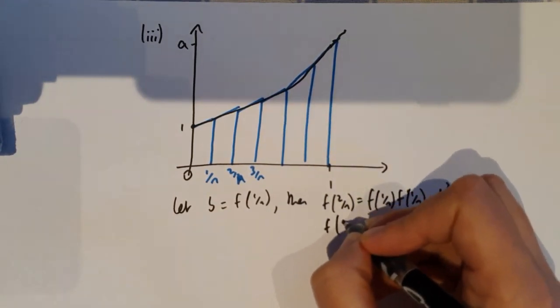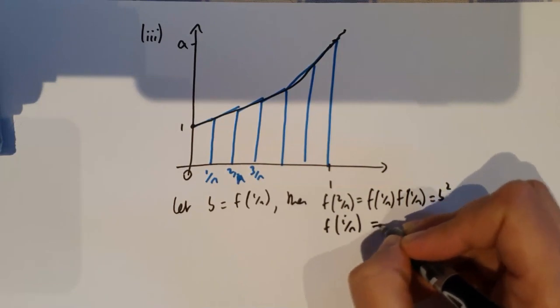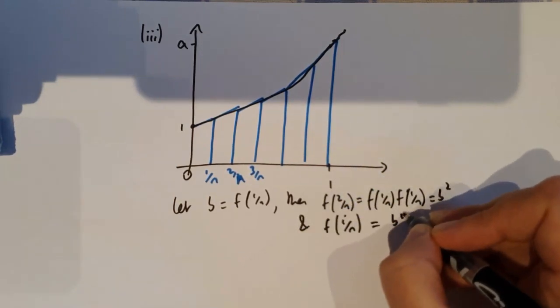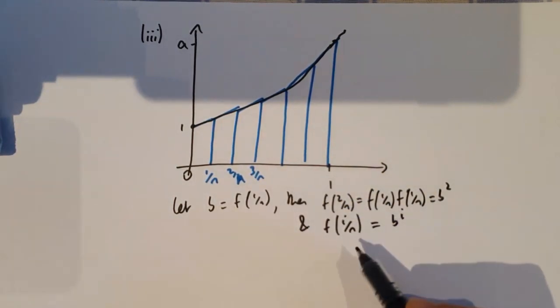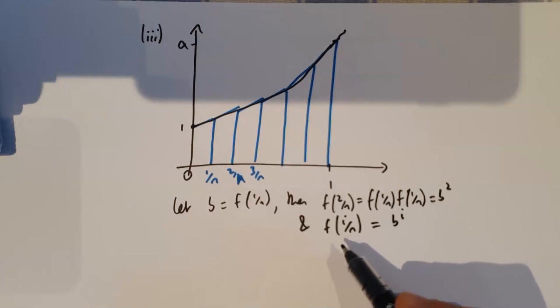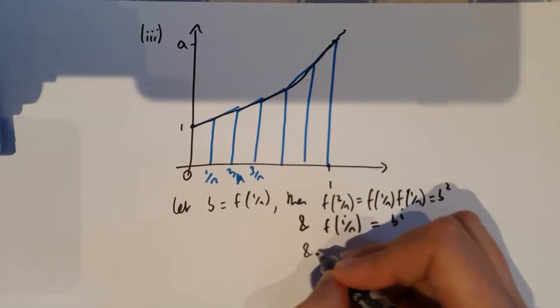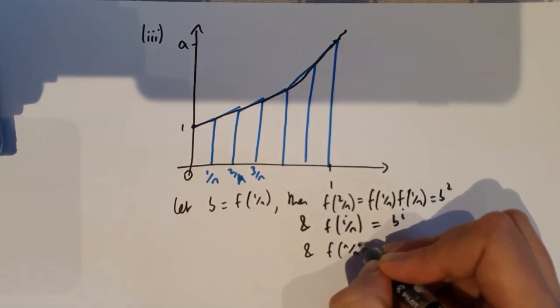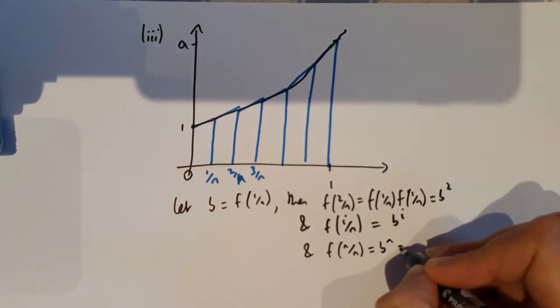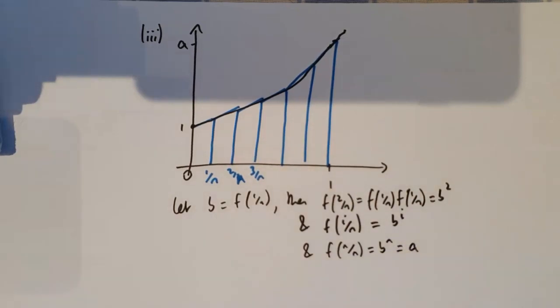And more generally, I think we're going to see that f of i over n is b to the i, by using the first property over and over again. We're just adding 1 over n each time. And also, f of n over n is b to the n, but we know that this is f of 1, which is a, so we've got a relationship between a and b, which I think might be useful.